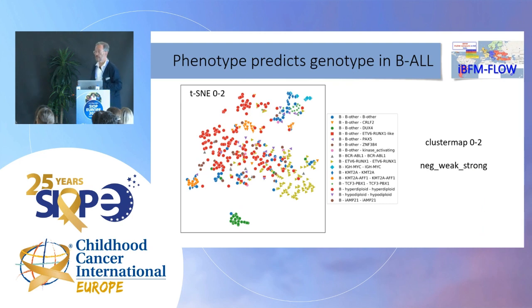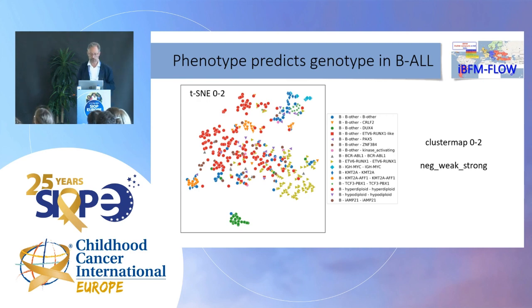So even more on that, immunophenoprofiling really can inform on many situations of underlying genotypes. You can see this is a cluster map done by immunoprofiling only of B-ALL, and you see some subsets really fall out.